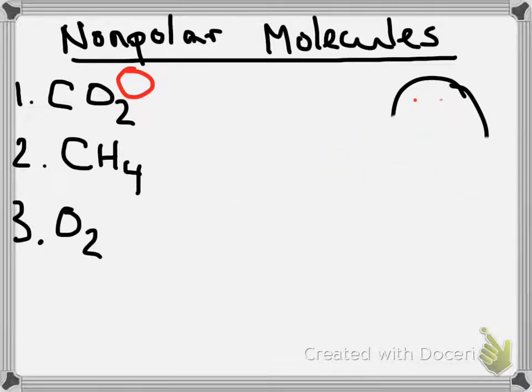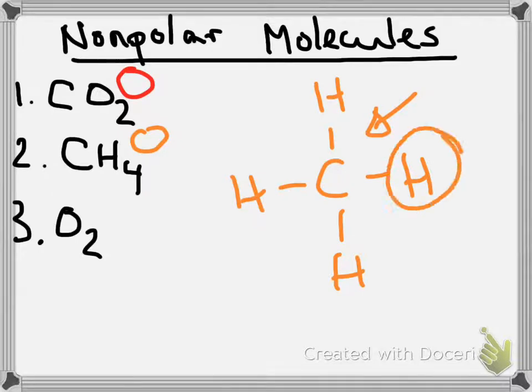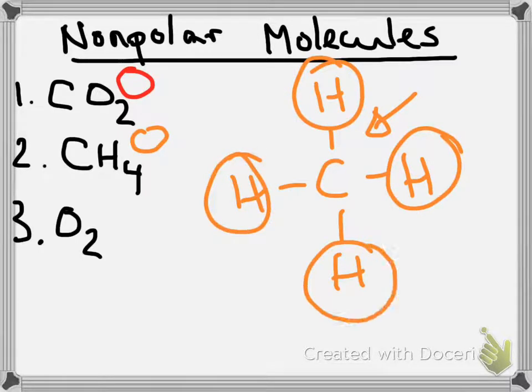Another example we have is CH4. Again, for this structure, there is no charge on this molecule, so it's not ionic. There's no lone pairs of electrons on our central atom, and all of our bonding atoms have the exact same electronegativity. So this is also nonpolar.